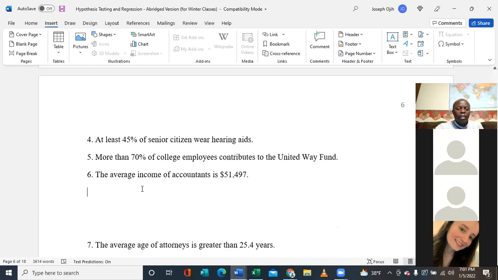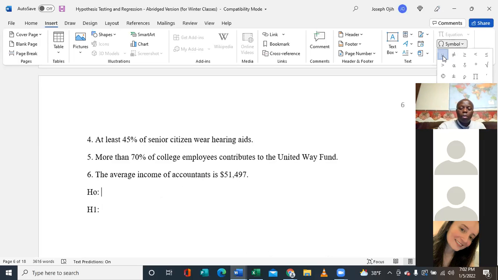It says the average income of accountants is 51,497. See, "is" means equal. So we have H0 and H1. "Is" can only be used in the null hypothesis. So we have mean equals 51,497.